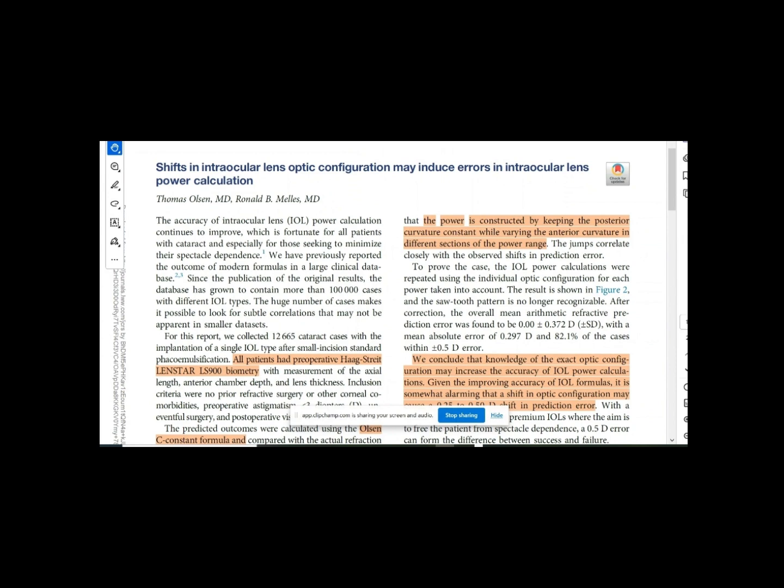Say, for example, a patient who requires a 30 diopter IOL. So you have to keep in mind that IOL optic configuration can be one of the reasons that lead to wrong outcomes with premium IOLs in very short eyes. Other than the fact that short eyes might have more angle kappa or higher aberrations.